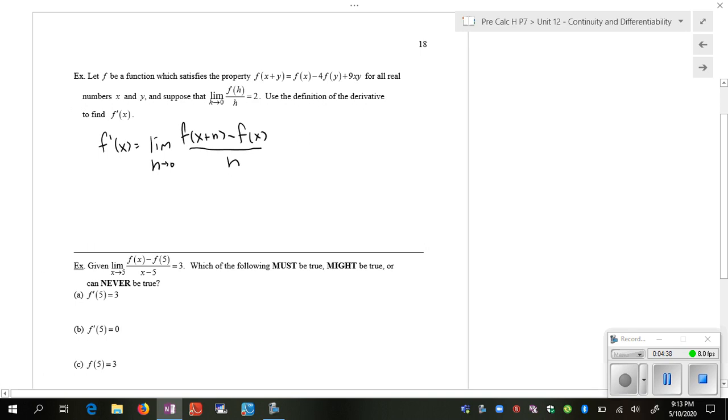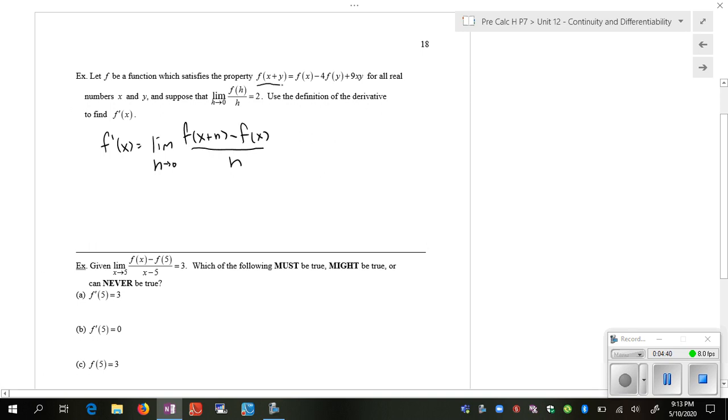And essentially, we're going to take this expression that was given to us, where f of x plus y is defined as this. f of x plus h is going to be defined very similarly.